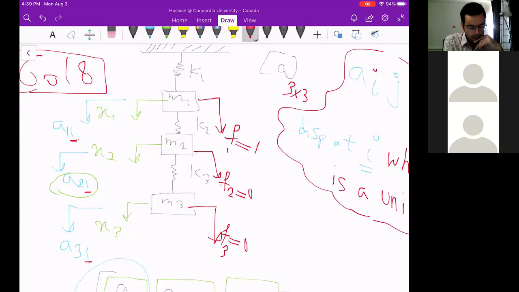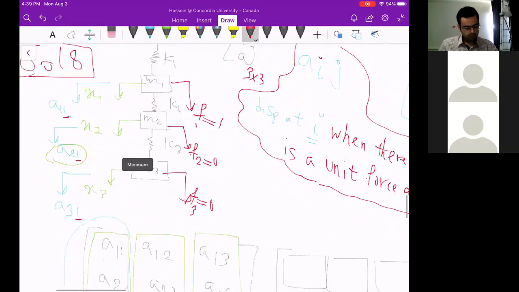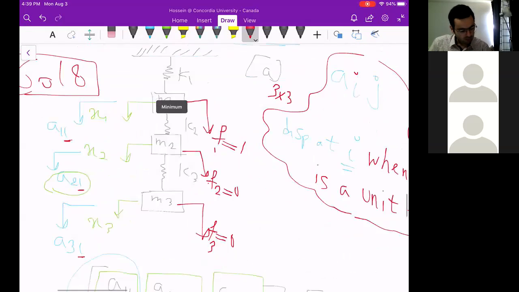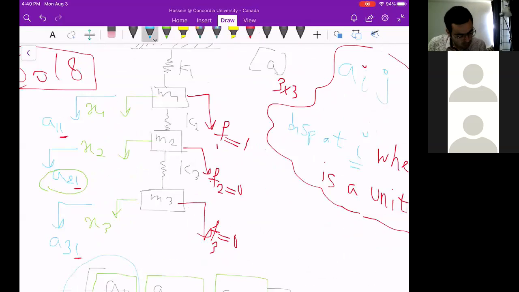So if I apply unit force at mass 1, I have F is K1 x, so 1 equals K A11.